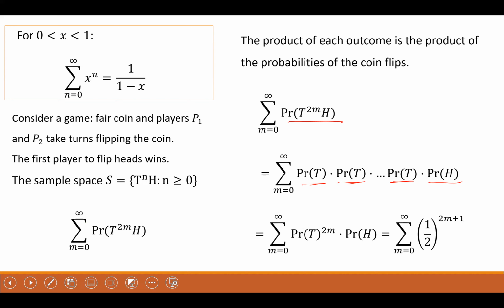So I get something that looks like this, right? If I look at all of the times that I flip tails, there are 2m of them, and then the final flip is heads. I know each of these has probability 1/2 because it's a fair coin. So now I have the sum from m equals 0 to infinity of 1/2 to the 2m plus 1. This is my probability of A.